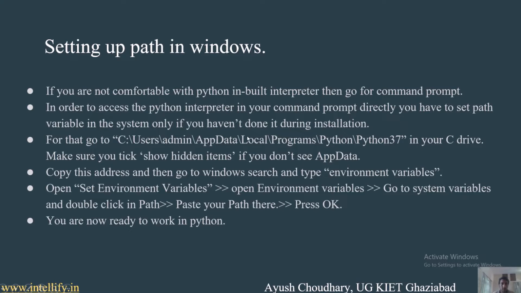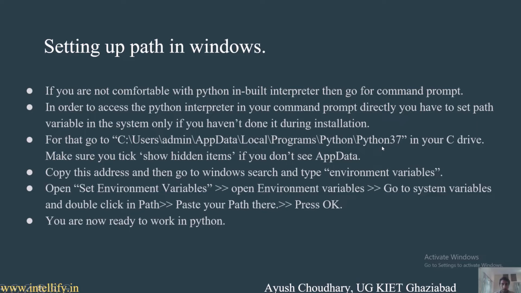There is a possibility that AppData is not visible there, so for that you need to enable show hidden items. That way you will see AppData in your admin directory and can proceed further. After that, go to this location and find the python.exe file in the Python 3.7 folder.